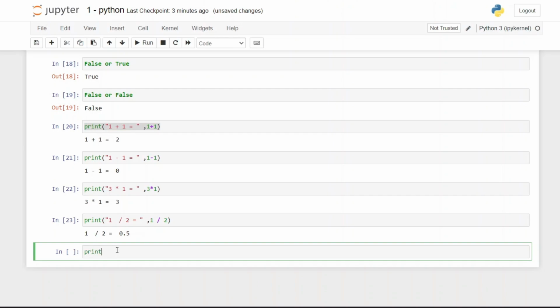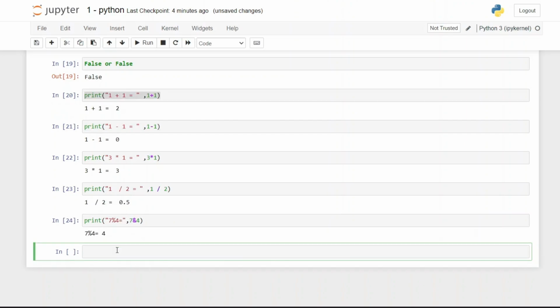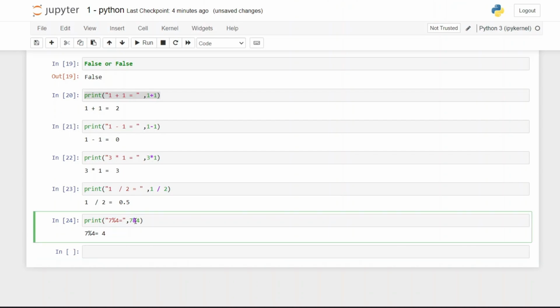Also, if you want to check the modulo, we pass 7 modulo 4. We are just skipping this. If you can see, 7 modulo 4 is giving, sorry, there is a typing mistake.